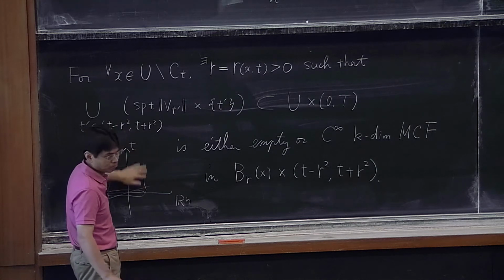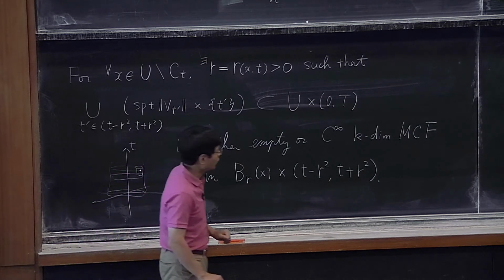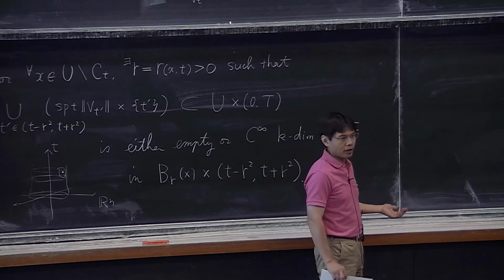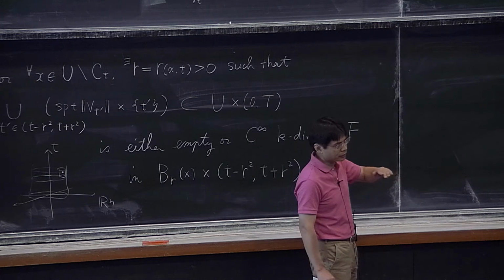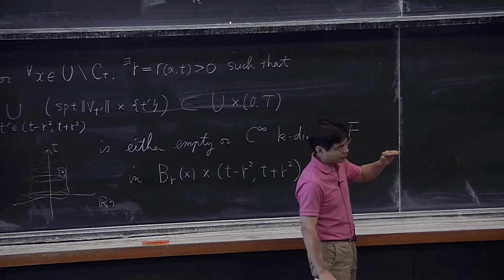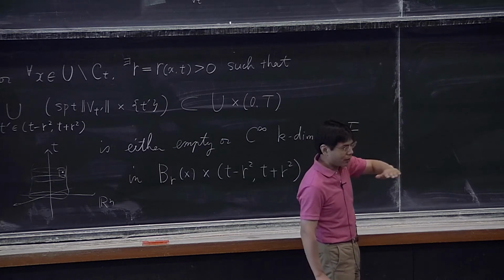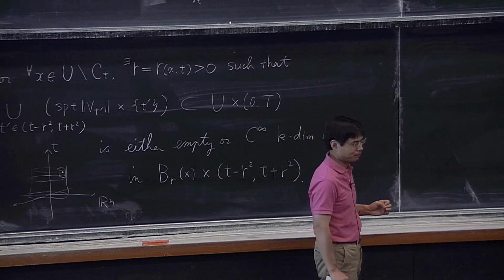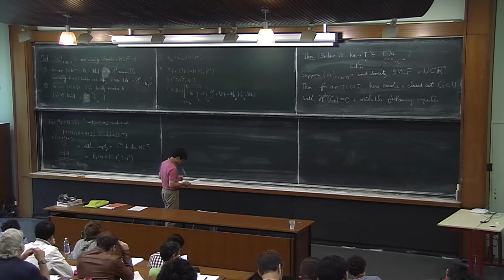There's nothing, or it's a nice smooth mean curvature flow. So you might say this is almost everywhere, almost every time regularity. For almost all time, there's a singular set of measure 0, and almost everywhere it's regular in space-time. So that's what it's claiming.